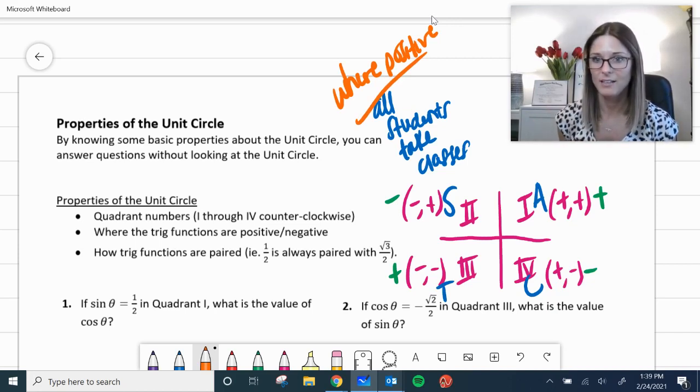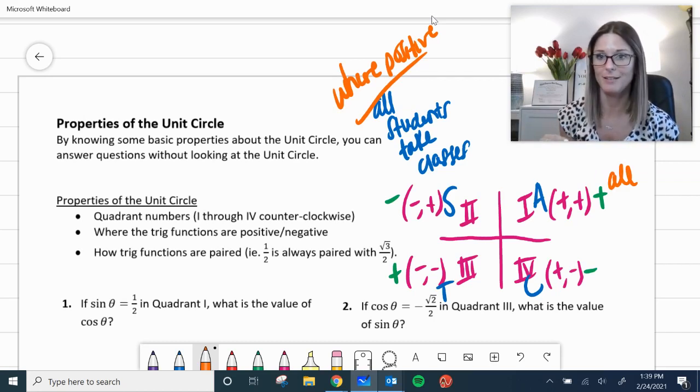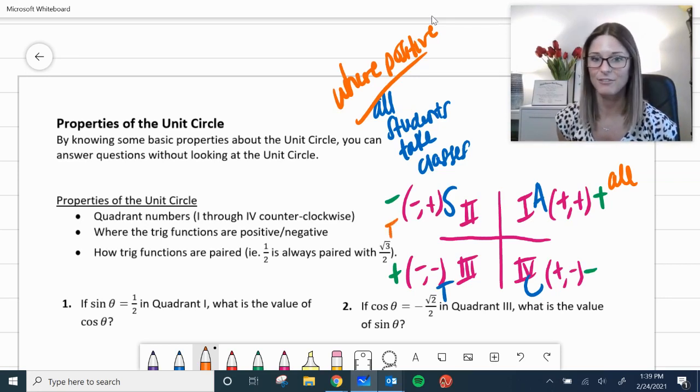So A stands for all. They are all positive. Sine is positive. Cosine is positive. And tangent is positive. All three are positive. You see it? All right. S in the second quadrant stands for sine is the only one that's positive. Tangent is negative, cosine is negative, but sine is positive. Sine is the only one that's positive in the second quadrant.